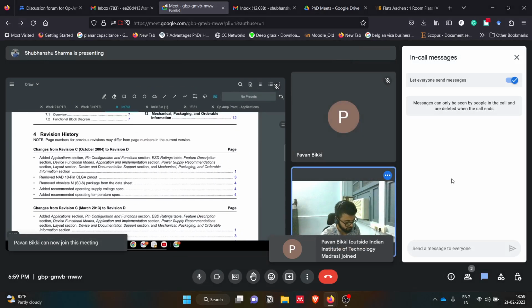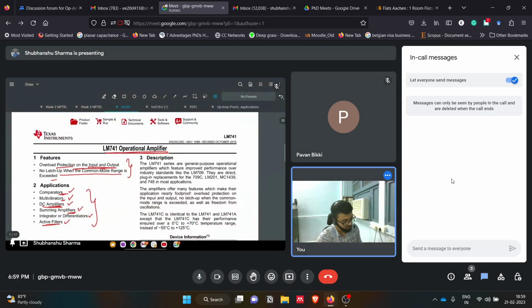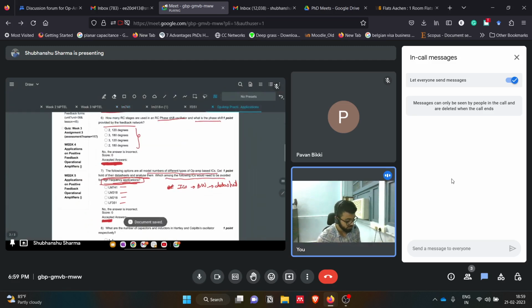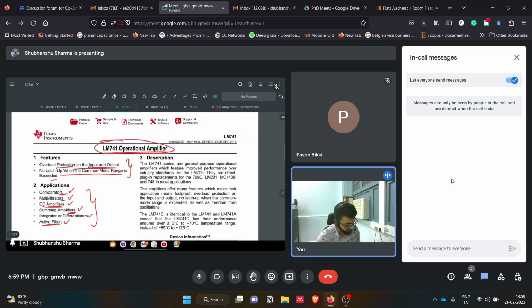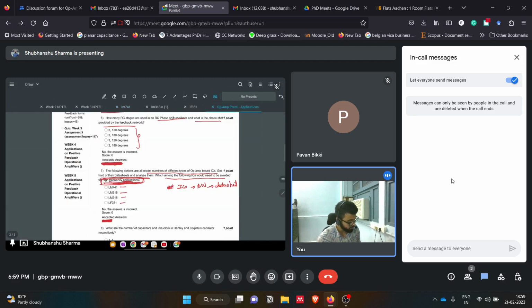Now, for the one who joined here, I'm just discussing the data sheet of LM741, because one of the questions mentioned that we have to find the high frequency application ICs. For that we will have to look in the data sheet, and for high frequency application you will have to look for the bandwidth of that IC.